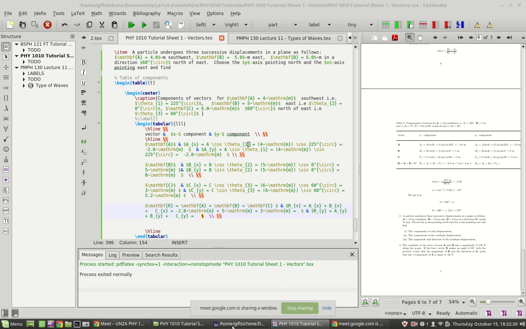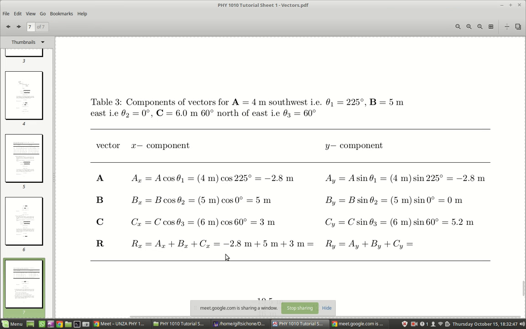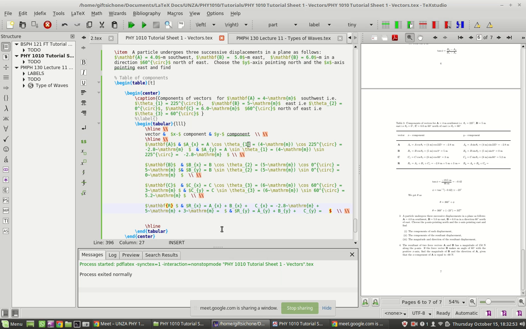So basically I think I can try to make things a bit shorter. Let me just write Rx like that, so that there's space. So minus 2.8 plus 5 plus 3. How much do you get? 5.2. Okay. Next.